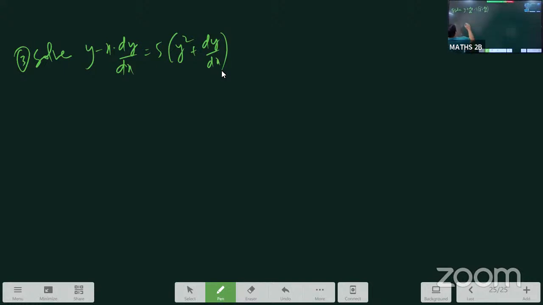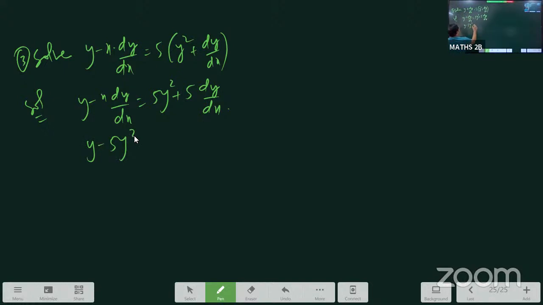Okay. Now solution: y minus x dy by dx. Multiply 5 inside: 5y square, 5 dy by dx. That is y minus 5y square equal to 5 plus x common dy by dx.